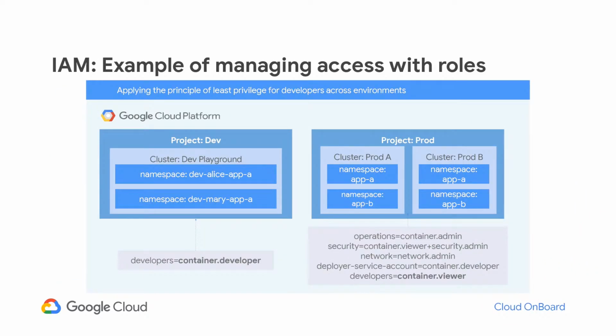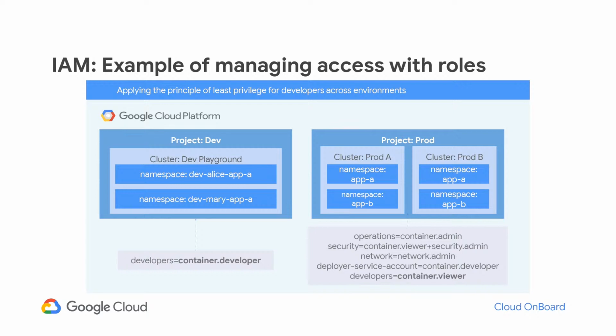Now, here we have an example that shows applying the principle of least privilege to a dev project set up for developers to build and test their upcoming features. It uses default roles provided by Kubernetes Engine. Here we have developers given read-write access to containers in the dev project by assigning them to the container.developer role and giving them those permissions.